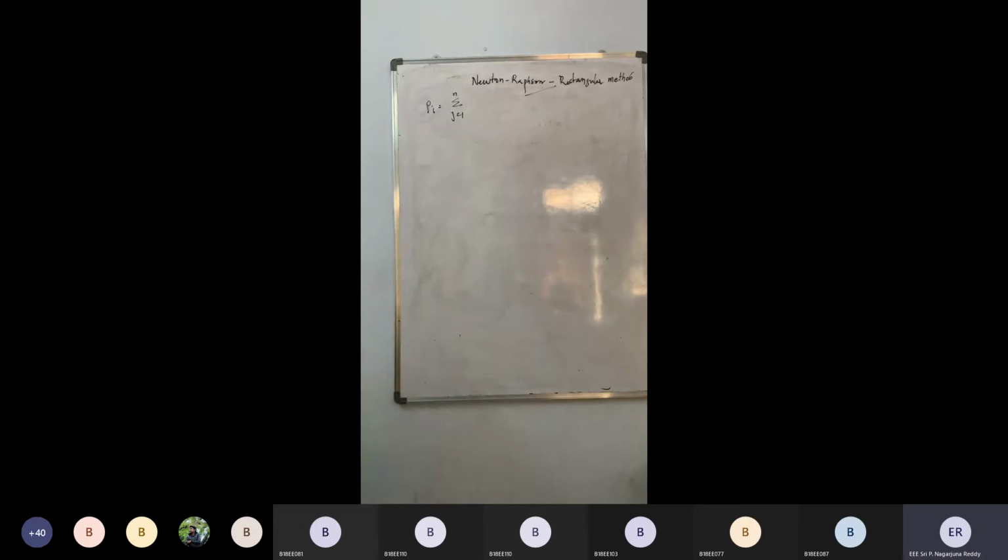Can somebody share a picture of the equation which we derived yesterday?